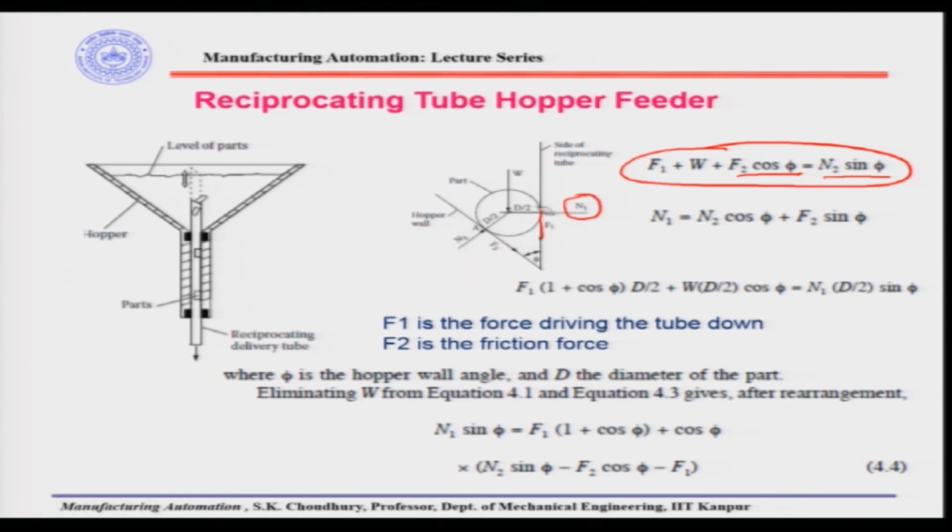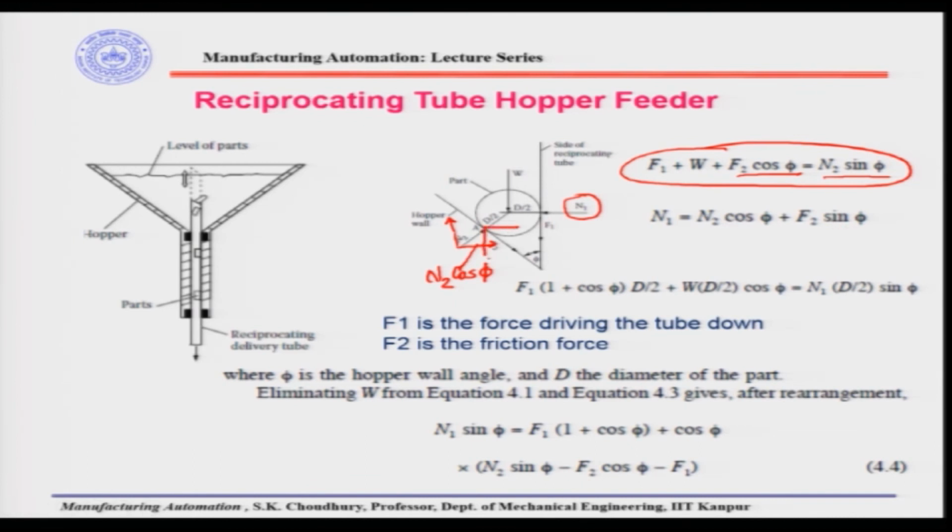Okay, we have the N1, this one, then we have the N2, which we have resolved into two components, one here, one here. So, this will be the N2 and the cos phi. So, we have N1 which is resisted by N2 cos phi, and it is also resisted by the F2 and the sin phi.